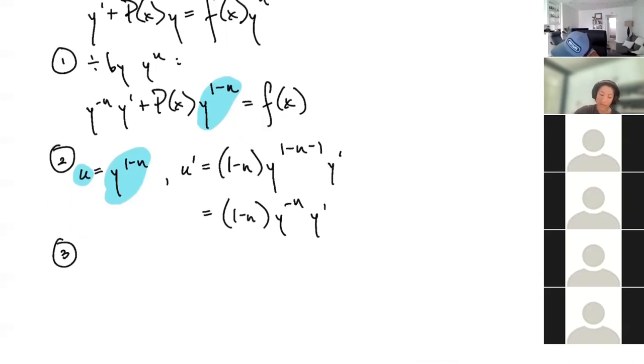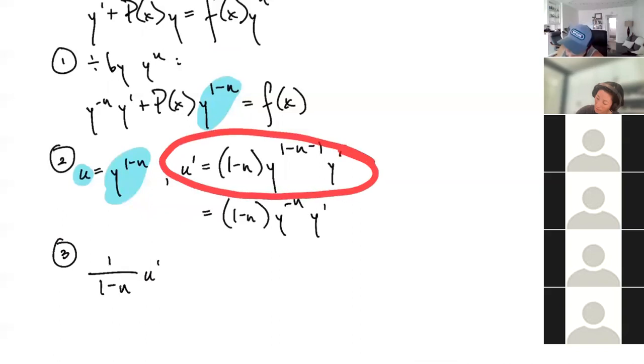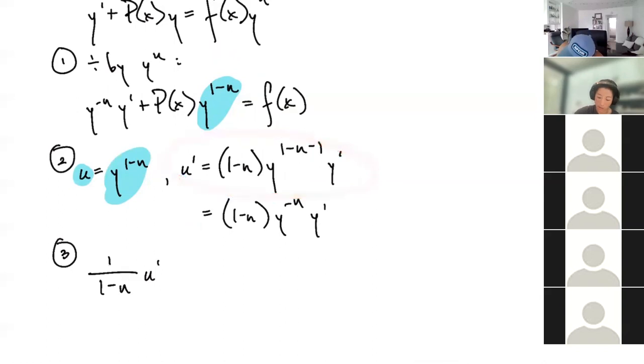Once we have that and we substitute everything in, we end up with 1 over 1 minus n u prime. All I'm doing is taking this u prime and getting y prime by itself to make that substitution.